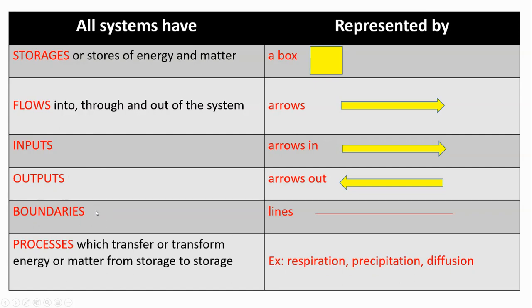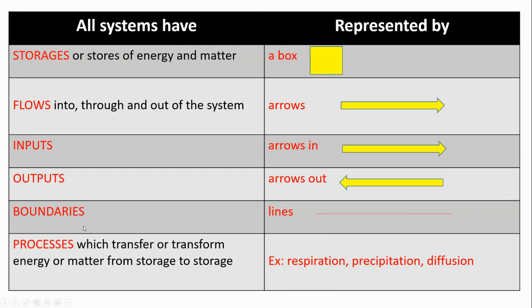Boundaries of a system: some systems have boundaries. A closed system has a very defined boundary, so you'd use a solid line for a closed system. You could also use a dotted line for an open system, where the boundary is not really definitive.